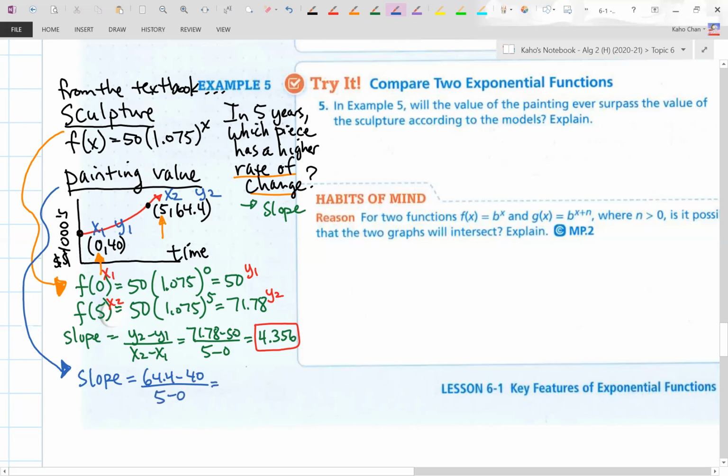This equals approximately 4.88. So this is kind of interesting. The bigger value refers to a bigger slope, meaning the painting has a higher rate. Okay? So yay, there's your answer. The painting has a higher value.